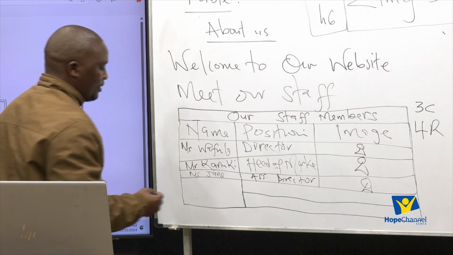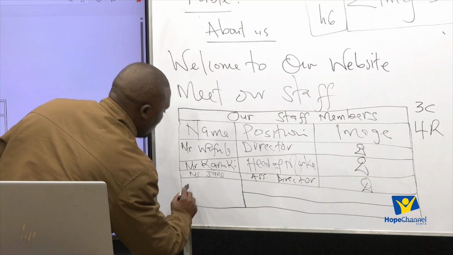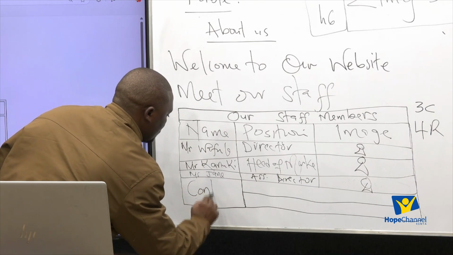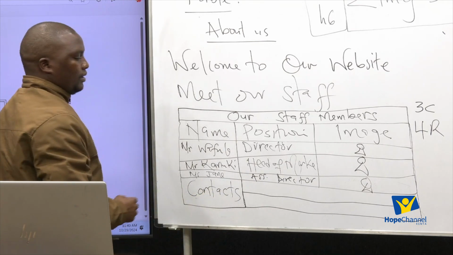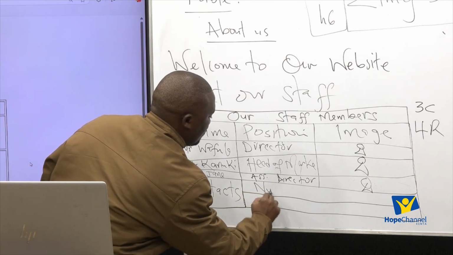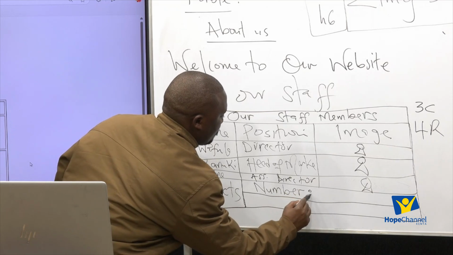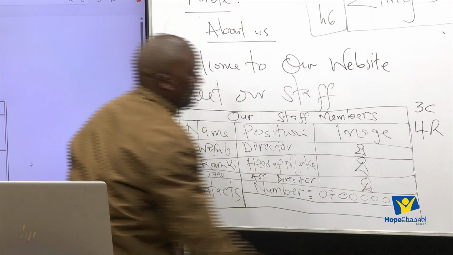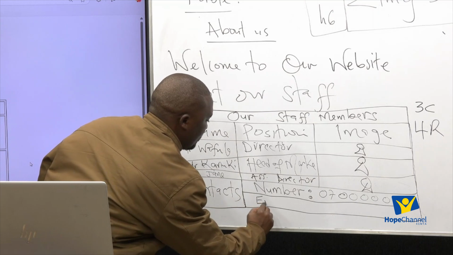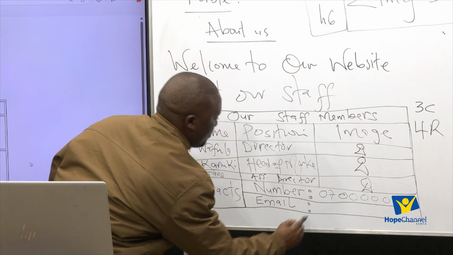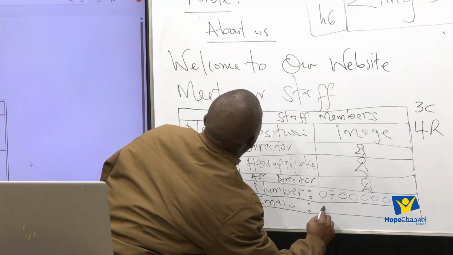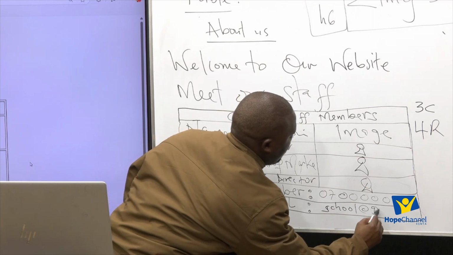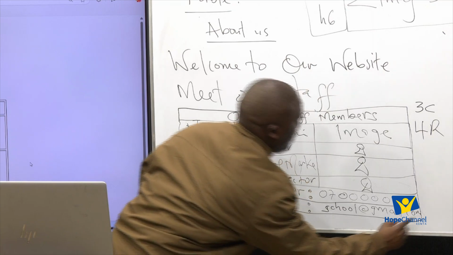And probably here you can have something like contacts, then here we have number 07 blah blah blah, then here we have email, then maybe school@gmail.com, something like that.